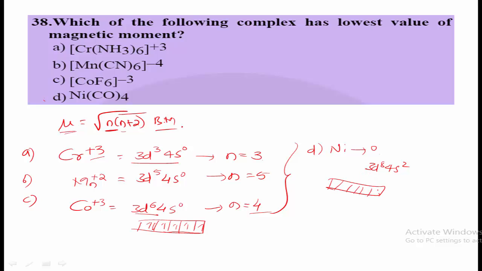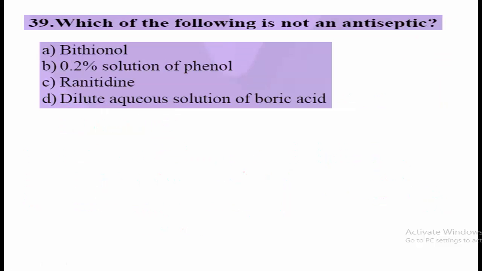You will get 1, 2, 3, 4, 5. Then pairing will take place. So the number of unpaired electrons will be 2, and hence n is equal to 2. Therefore, among all these 4, the lowest value is for nickel tetracarbonyl. It has the lowest magnetic moment. So for the 38th question, option D will be the correct one.